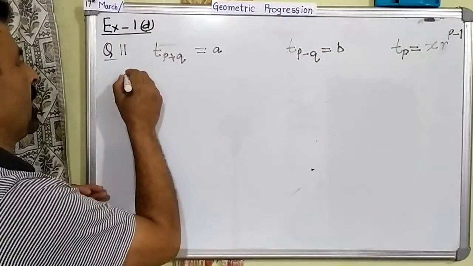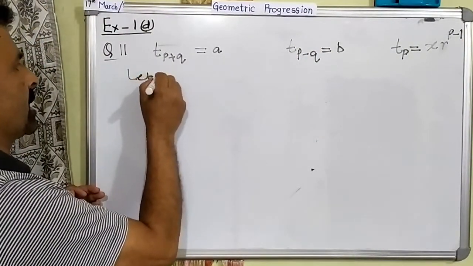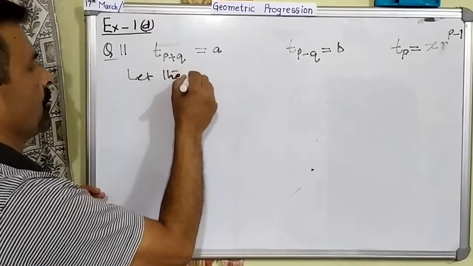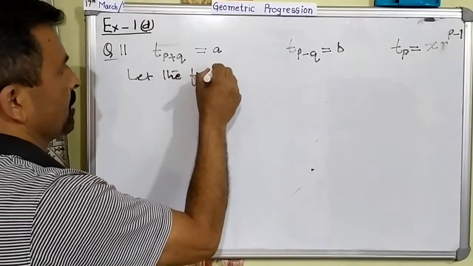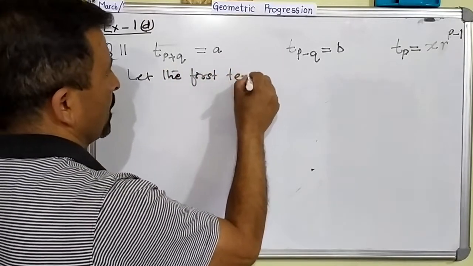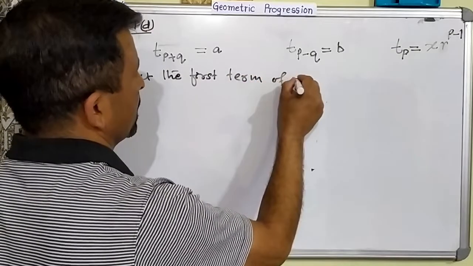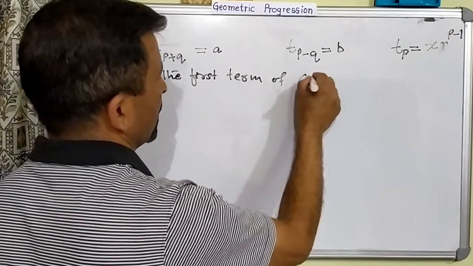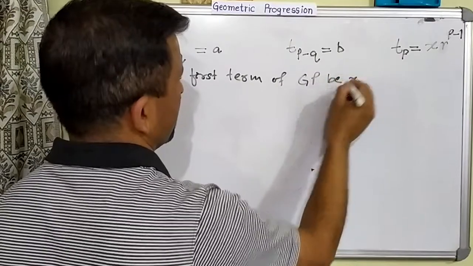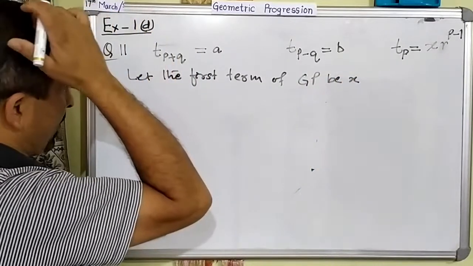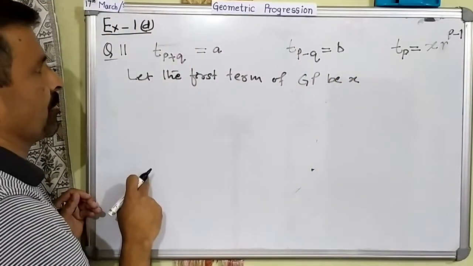Let the first term of the GP be x. Now we can write this using the nth term formula.